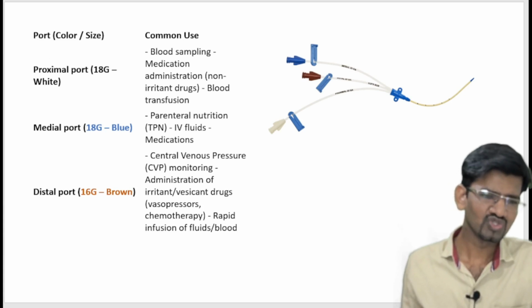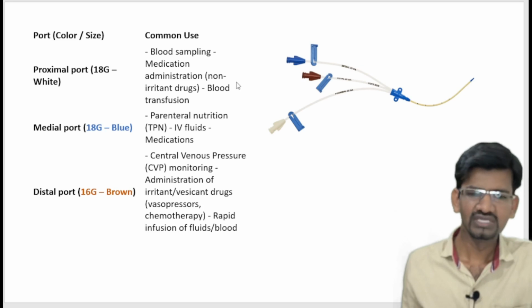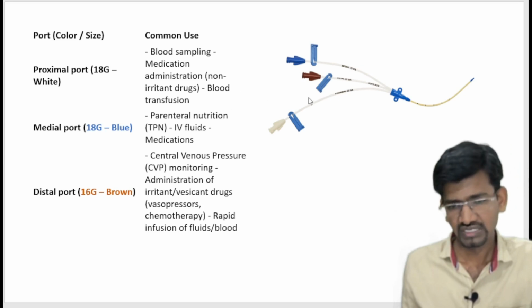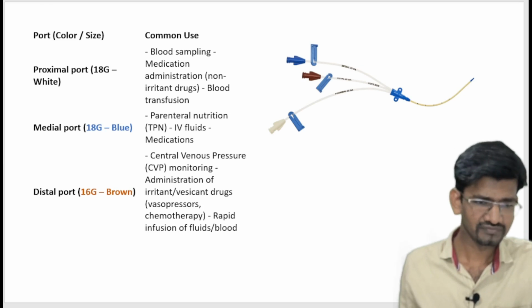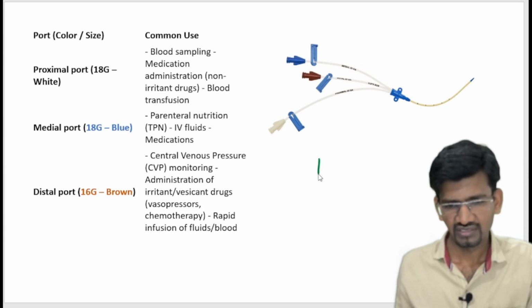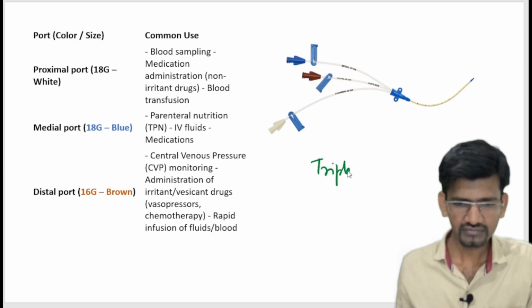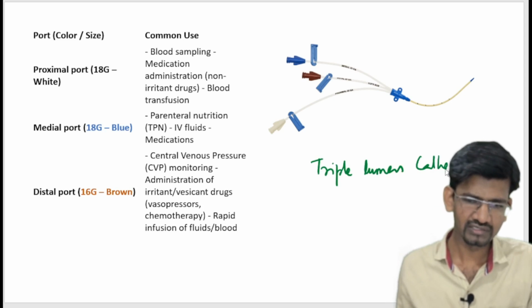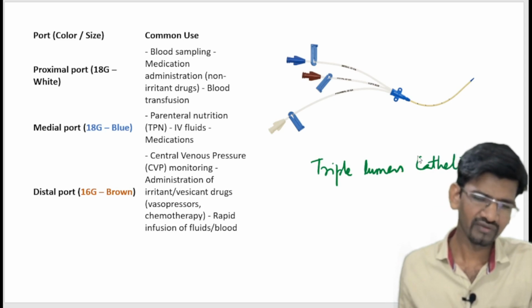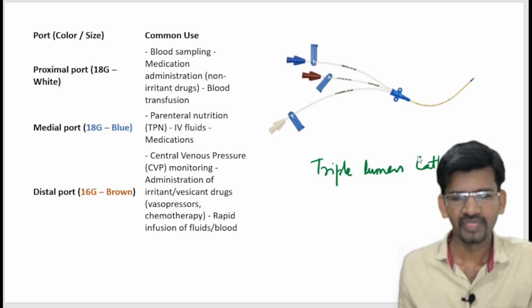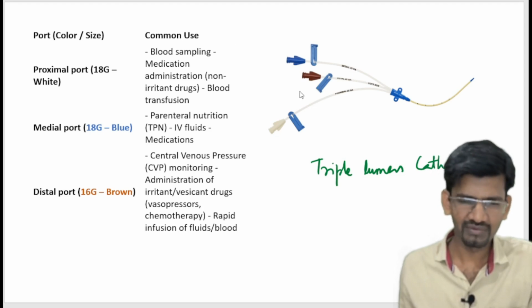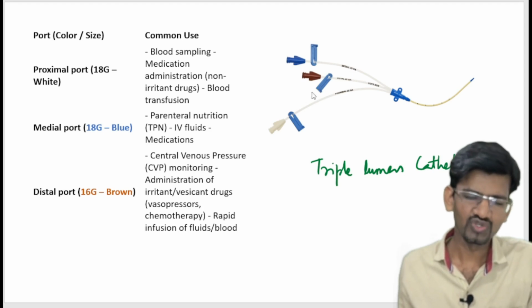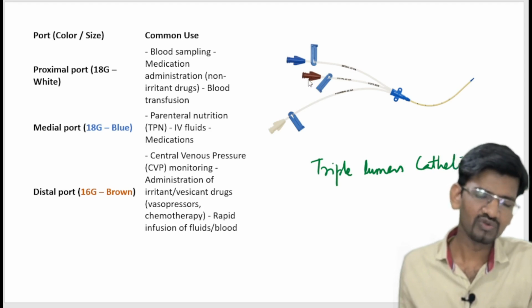Most commonly in the hospital we use the 3-port, or triple lumen catheter. We have different sizes of catheter here; even the double lumen catheter is used, but most commonly used is the triple lumen catheter.